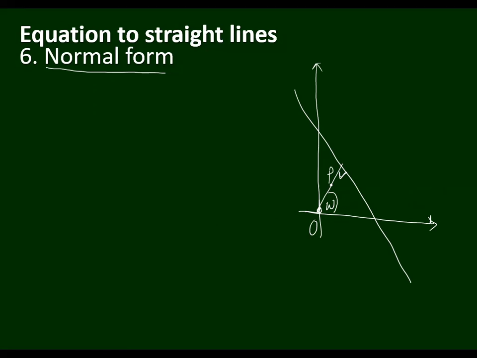That means the normal is making angle omega, and this perpendicular is given to us. We have to write the equation in terms of p and your omega, whatever it may be.